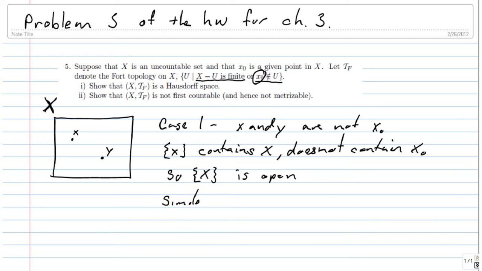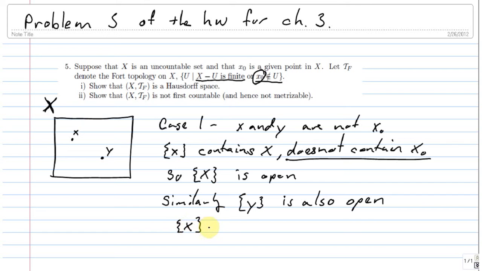Similarly, little y, the set containing just that element y, doesn't contain x naught, so it is also open. X intersect y is the null set. They don't intersect. So there's an open set that contains x and an open set that contains y, and they don't intersect.